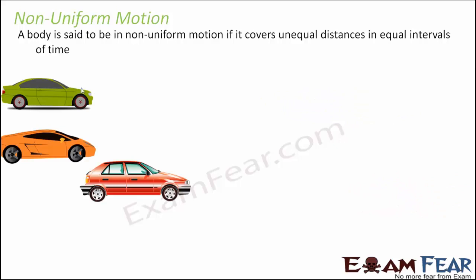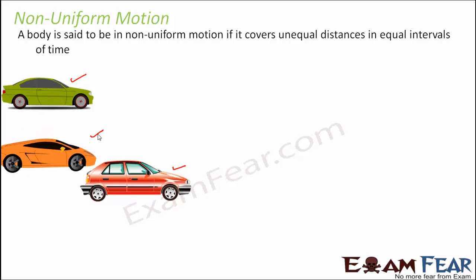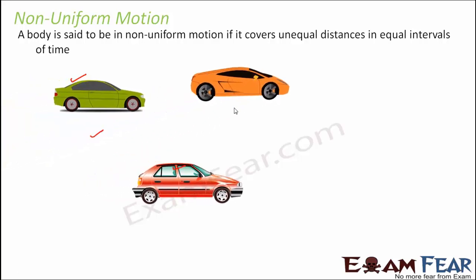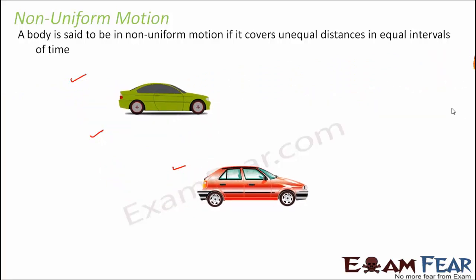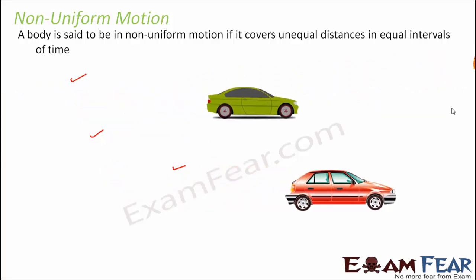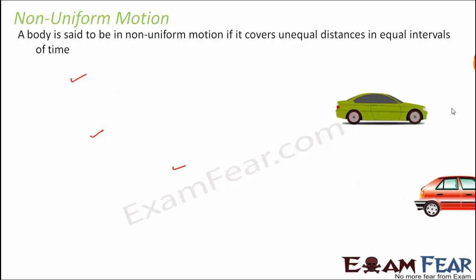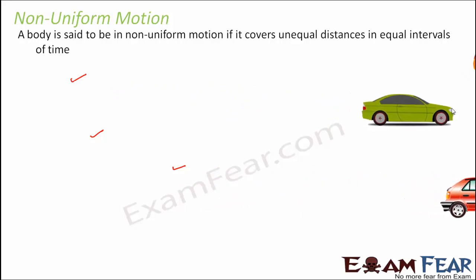Look at the green car and the red car. They are moving gradually, at the same speed. But if you look at the orange car, what do you observe? Initially the car is moving slow and then suddenly it starts moving fast. That means it is not covering equal distances in equal intervals of time. So this tells you the difference between uniform and non-uniform motion.